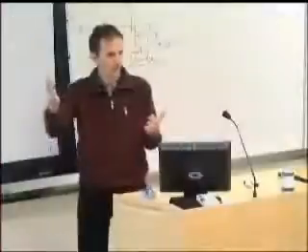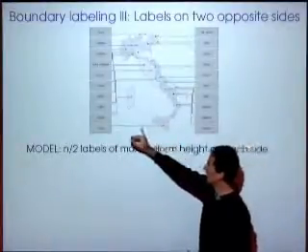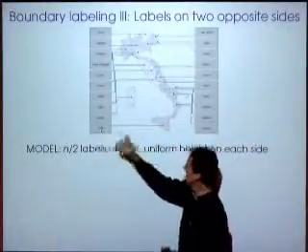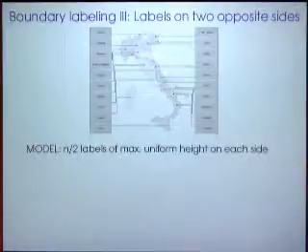Well, how would you do that? You just have to decide on which side the leader goes. You have to decide whether the label of Sicily is on the left-hand side, otherwise it's on the right-hand side.